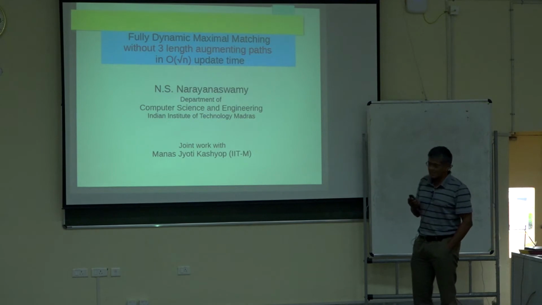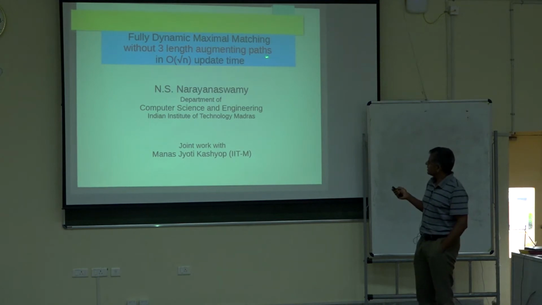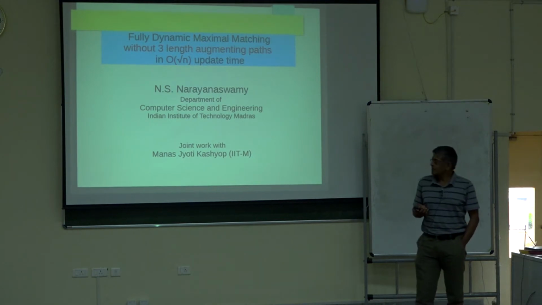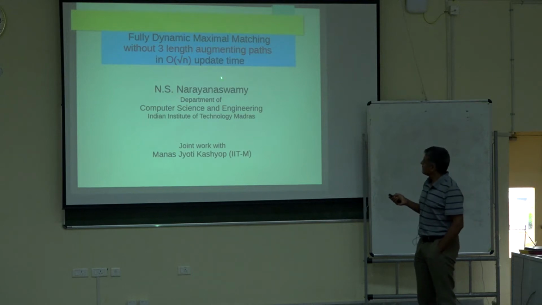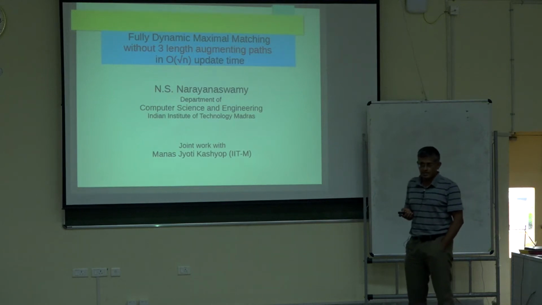So the problem is, as Manoj Gupta had pointed out, we are interested in the fully dynamic framework, and we want to maintain a maximal matching without three-length augmenting paths.